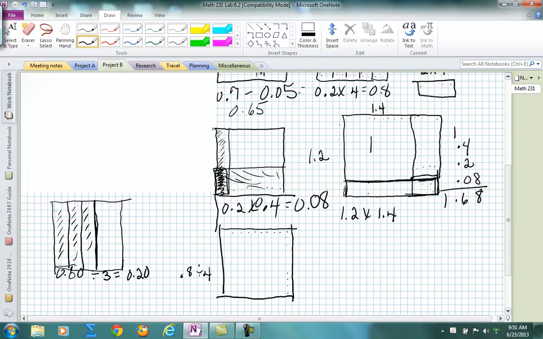Then I'm going to mark off 1, 2, let's see. Not sure if I've got that. Let me count it again. 1, 2, 3. Okay. So I'm going to mark off 8 tenths. And I want to divide that into 4 equal parts.